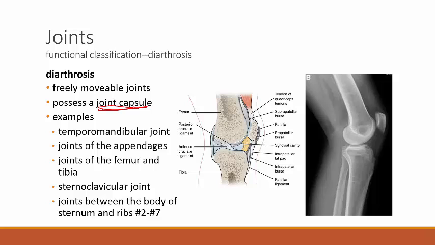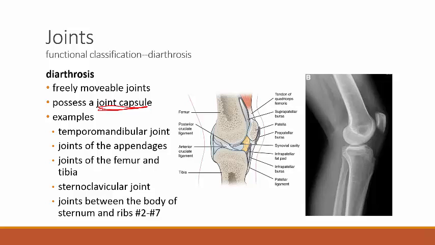The joint at the femur and the tibia, the proximal portion of the tibia and the distal portion of the femur.